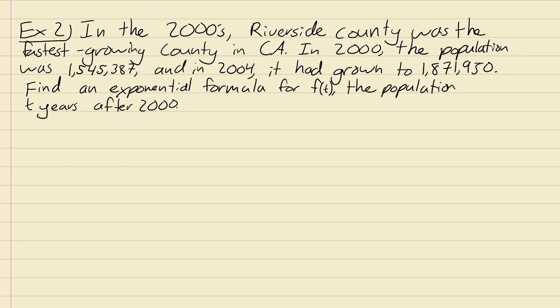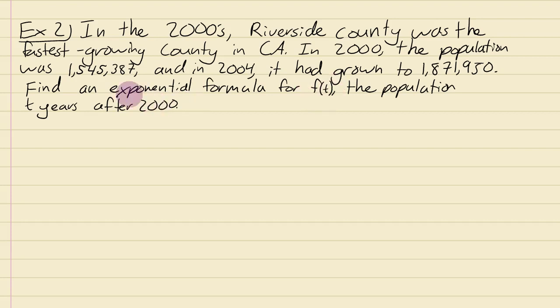I don't think that is true anymore since the 2008 financial crisis, but it was at the time that our textbook was written. So in 2000, the population was 1,545,000, and in 2004, 4 years later, it had grown to 1,871,000 and some change. So let's find an exponential formula for f of t.